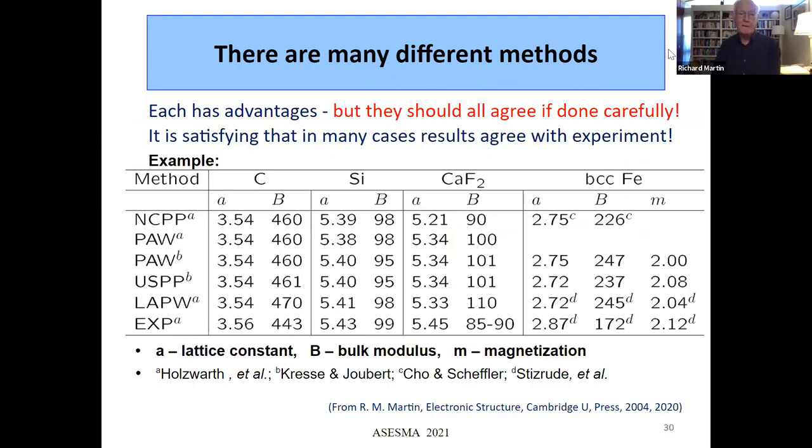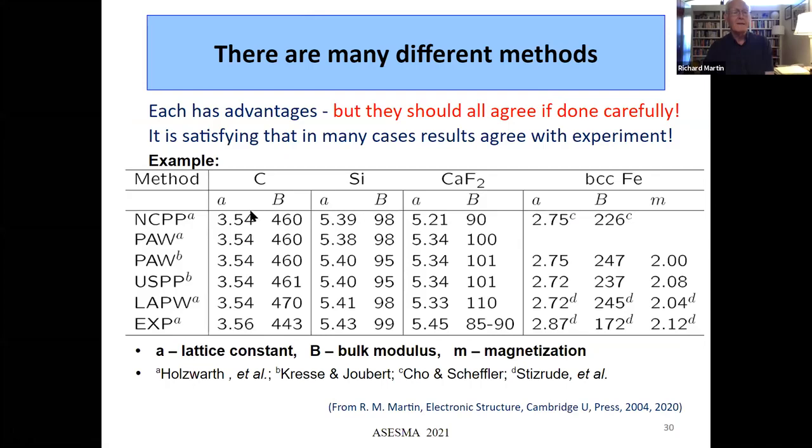I would like to emphasize this point that I've already said. There are lots of methods. Plane waves is one, pseudopotentials is one. So here's a set of calculations that use plane waves and norm-conserving pseudopotentials, ultrasoft pseudopotentials. This is the augmented plane wave method that takes into account the core electrons without making a pseudopotential. This is a material that I collected some years ago, and it's been updated since then.